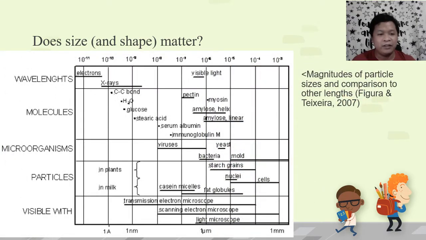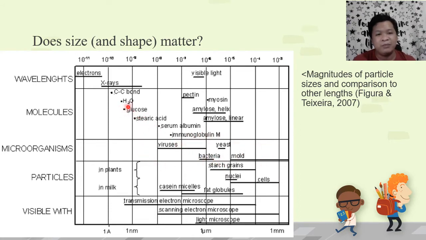Okay, so we have here the different particle sizes of food particles, of course, from the milli to the micro to the nano scale. So as you can see, maraming molecules and even the level of atoms almost. So we have here, starting from the right side, yung pinakamalalaki, we have the cells, starch grains, and then all of our microbes you're probably familiar with.